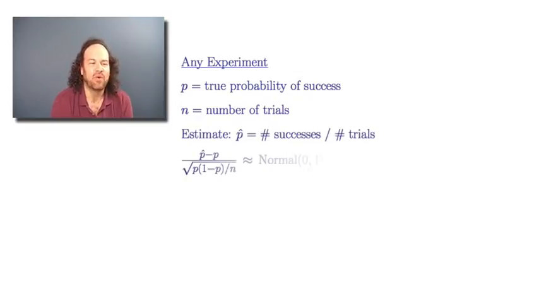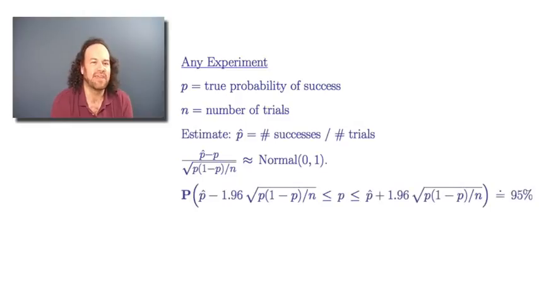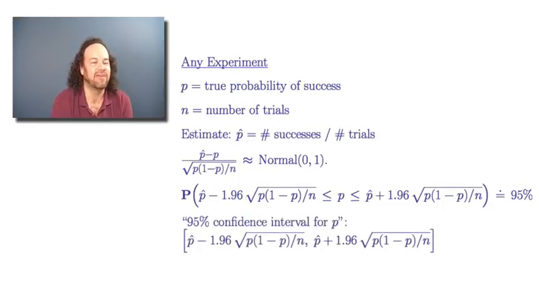We still know the mean and variance, just like in the previous example. We can rewrite everything and end up with the same formula: the probability is 95% that the true value P is between P hat minus 1.96 times the square root of P times 1 minus P over N, and P hat plus 1.96 times the square root of P times 1 minus P over N. And this gives us, again, the 95% confidence interval.